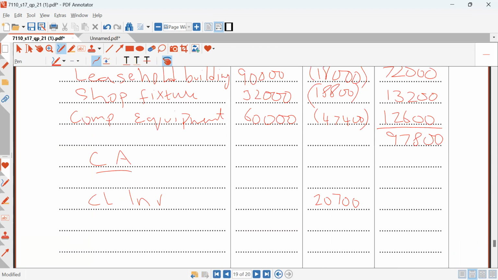After closing inventory, we have trade receivables. Trade receivables were 34,500 and we have subtracted 2,500 from our trade receivables because 2,500 is bad debt. So net trade receivables are going to be 32,000. Current year's provision for doubtful debt is 1,600. We will subtract 1,600. I've already shown you the working.